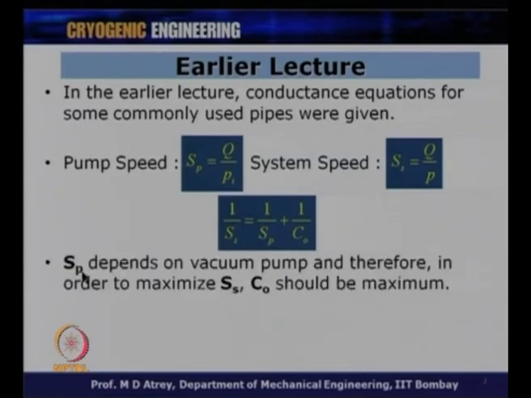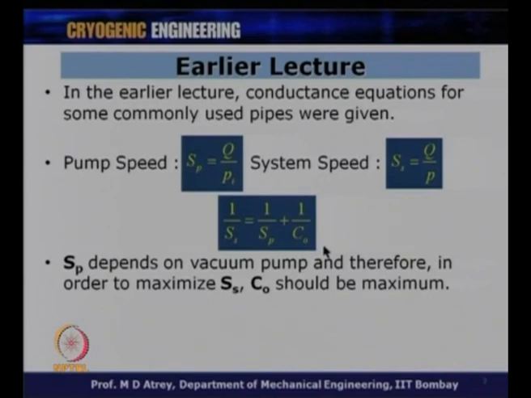Also we know that SP depends on the vacuum pump. So, what kind of pump do we use? The vacuum pump actually will decide what maximum SP it can deliver. Therefore, one of the most important variables in order to calculate system speed is SP, while CO depends on the arrangement, or how easily one can access the system.